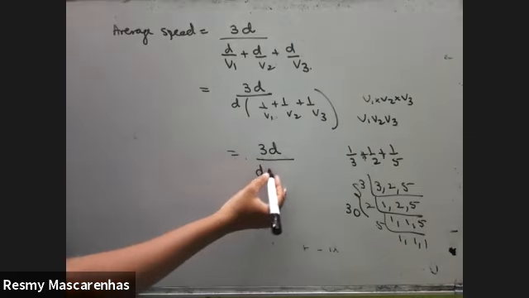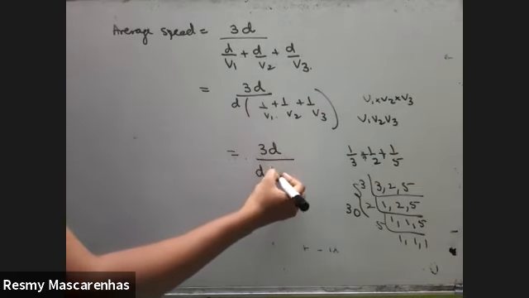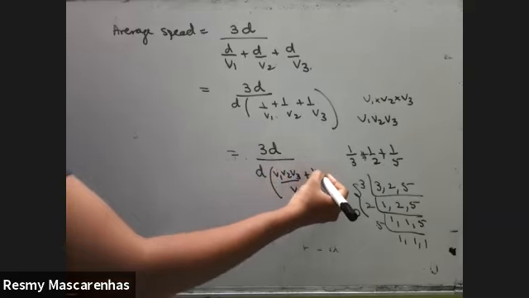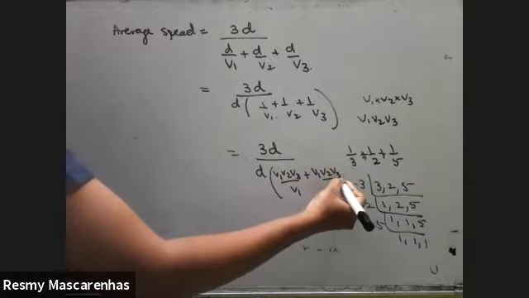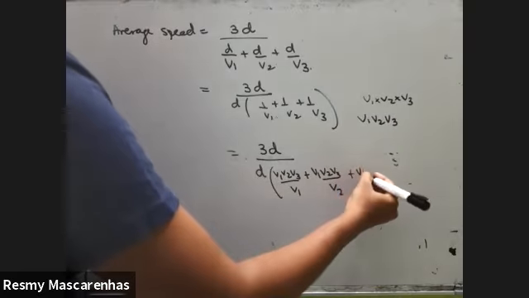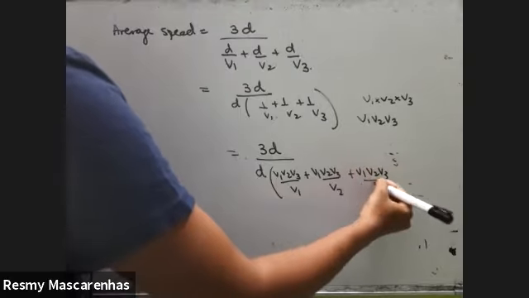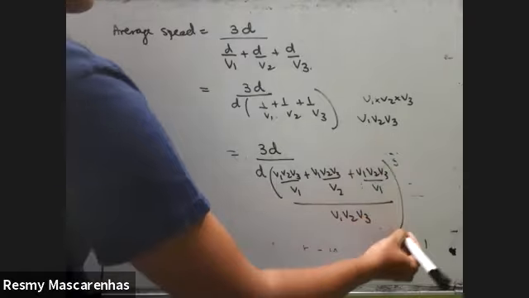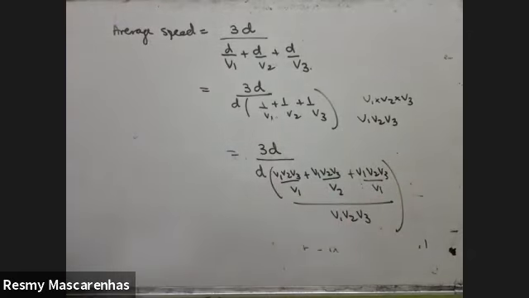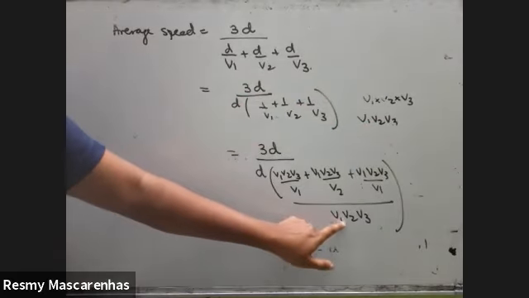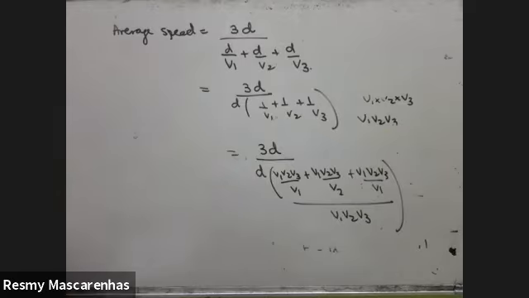Then we have to multiply every term by that. V1 V2 V3 upon V1, V1 V2 V3 upon V2, and then the third one also, and then the common one. This is all from your 10th standard. Multiply all the terms by the common LCM and one common down. What is going to happen?